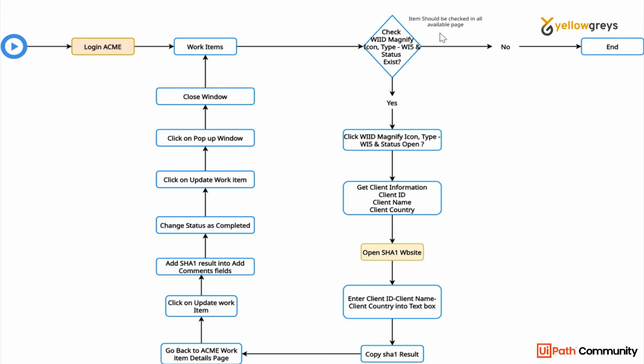This is the process map we covered in the second video, and this is the entire process story. Now you are clear about what the entire process is. In this session we are going to split this entire process into two parts: one is the dispatcher, the other one is the performer.